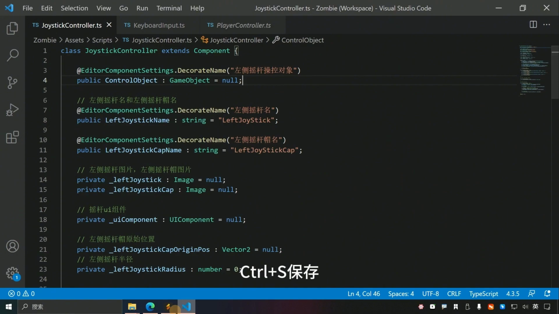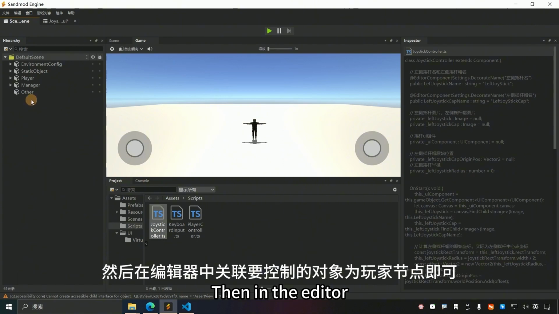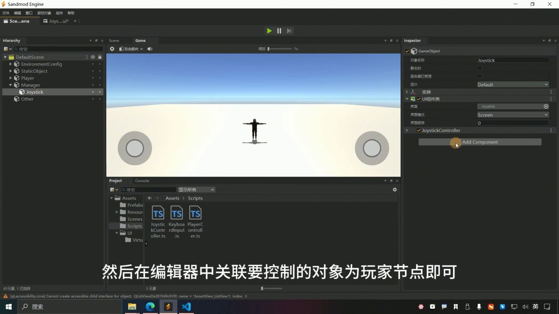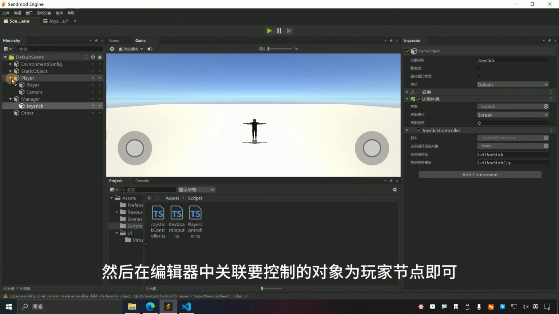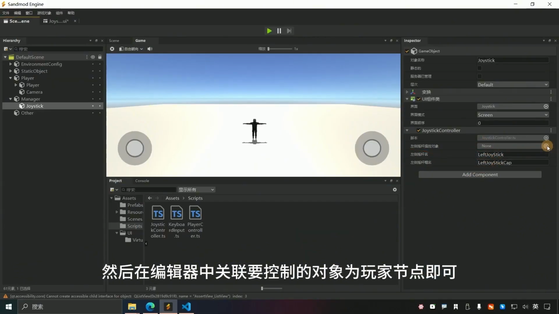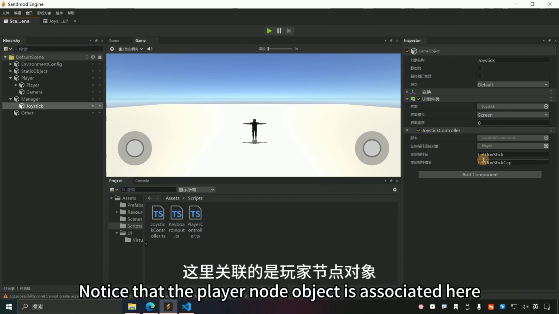Press Ctrl plus S to save. Then in the editor, the associated object to be controlled is the player node. Notice that the player node object is associated here.